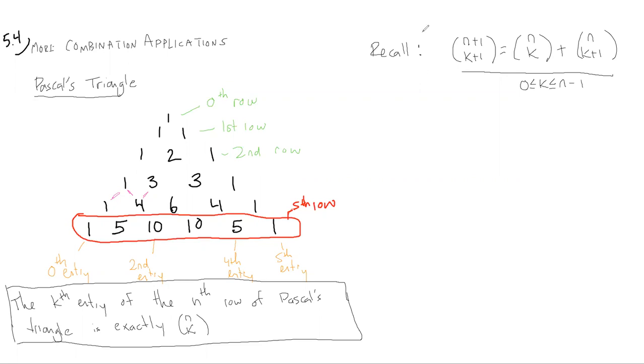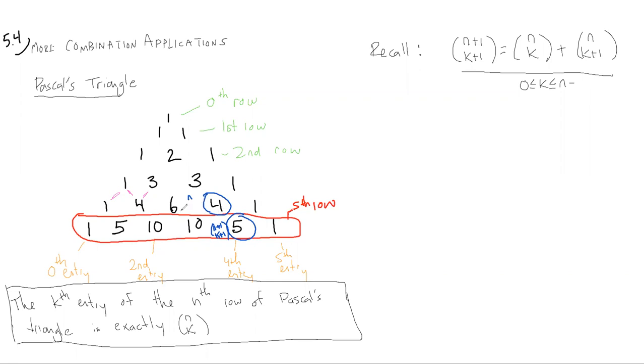So if I go and pull the numbers, or maybe try to draw them in here, if this 5 were my n plus 1, k plus 1, then you can see the two numbers up here. So this 4 is 1 less n, so it's going to be n.